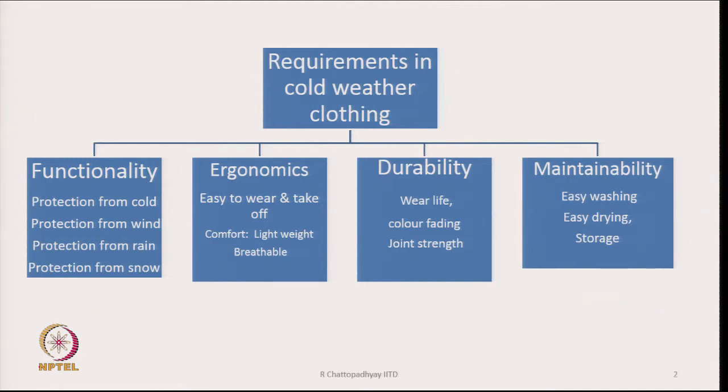The other thing is protection from rain, because there is a possibility of rain in winter also, and protection from snow wherever it is snowing. So, these are the requirements from the functionality point of view.